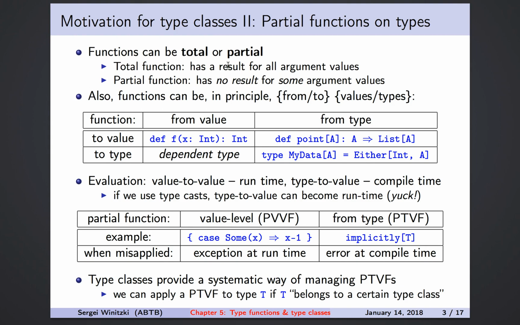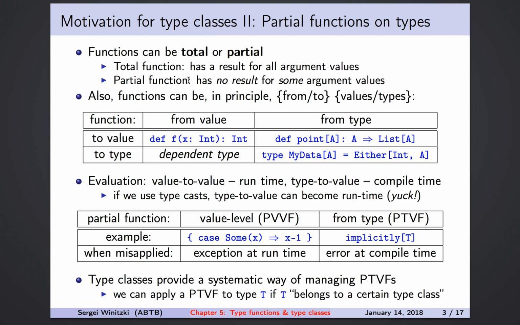So for any input integer, you always have an output integer. An example of a partial function would be real valued square root. It has no result for negative arguments, no real valued square root for negative arguments, but it does have a result for non-negative arguments. So that's a partial function.